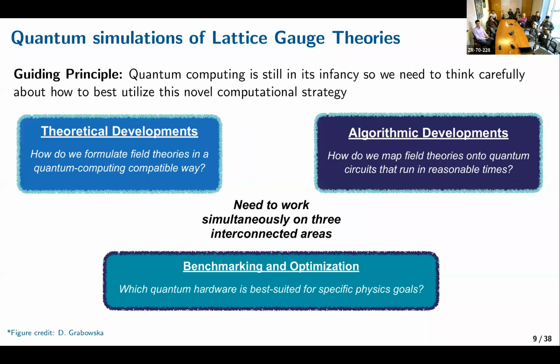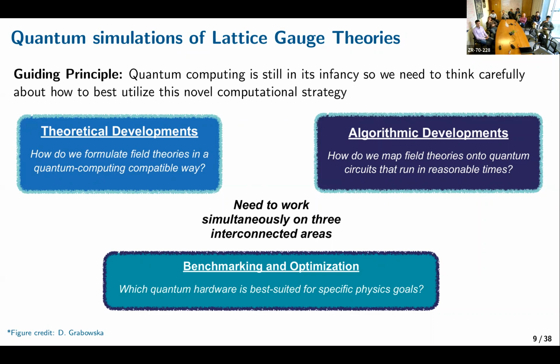How do you actually map your time evolution operator onto gates in an efficient way? And then also, which quantum hardware is best suited for your particular problem? There are different kinds of hardware, for example, qubits that are superconducting circuits, which IBM is pushing for, and there are also people who use cold atoms as their qubits. These different hardware have different pros and cons, and you need to consider which one is best for you.